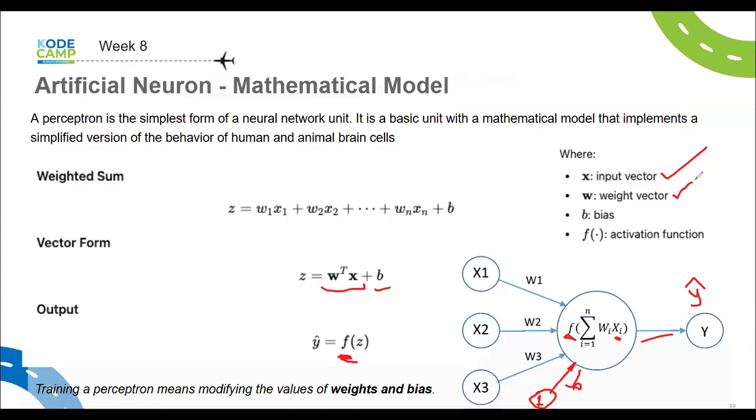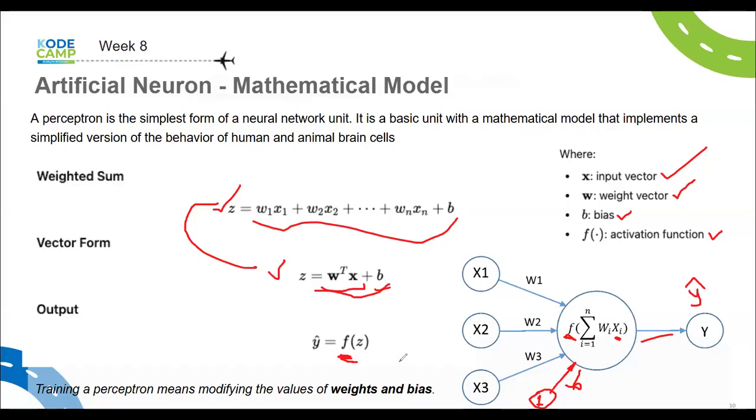Then W is the weight vector, of course, which when you do a dot product gives you the weighted sum, and then the bias, and then the activation function, which we'll talk about later. So multiple ways of looking at the same thing. This and this are basically the same thing, they're equivalent, right?